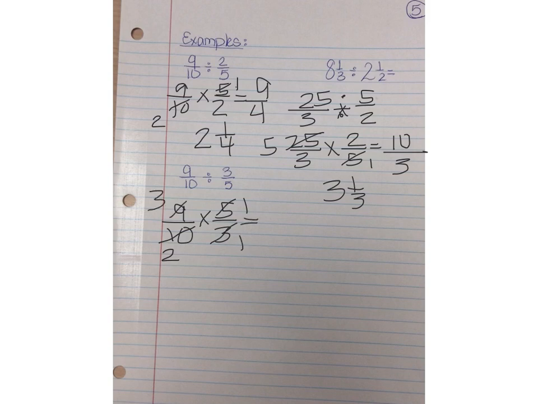So when we multiply that out, we have 3 over 2. And when we make that a mixed number, it becomes 1 and 1/2. So let me circle these answers so they stand out better. Okay, so there we have box 5.